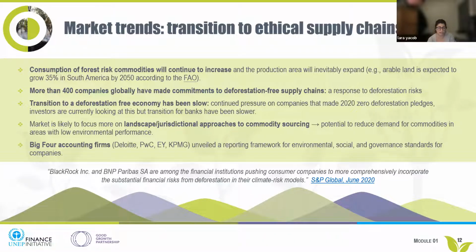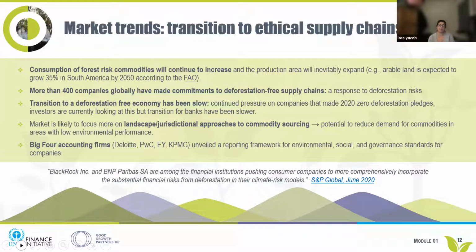So while the consumption of forest risk commodities will continue to increase, we're beginning to see more and more commitments by consumers and by different jurisdictions and companies or groups of companies making the commitment to only purchase sustainable or source deforestation-free commodities. Next slide.